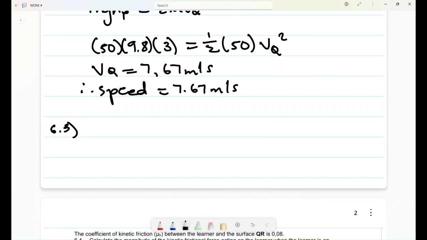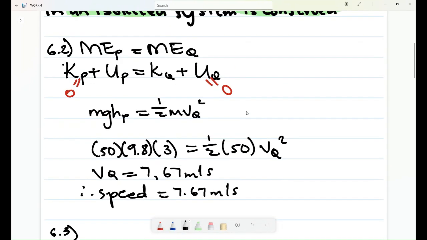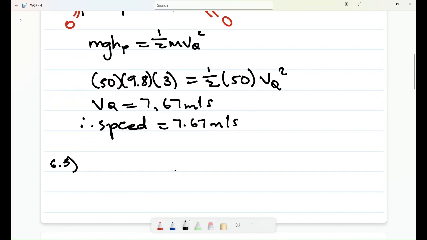Our question continues here. Let's see 6.3. Some people prefer doing this, saying this is my incline. This is not straight. They say this is my incline. So when they draw, the force that's always there is Fg, vertically downwards.